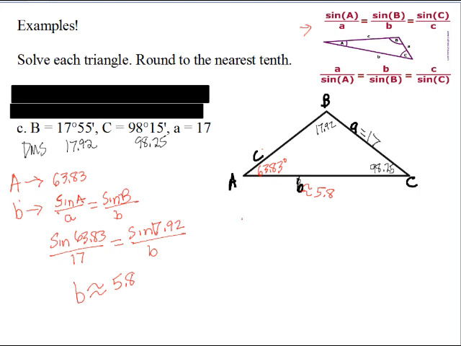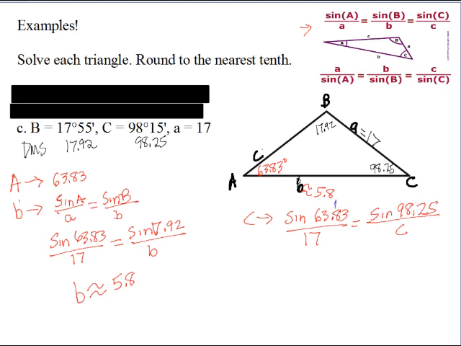And then the same with C. I'm going to go ahead and just plug in now because you are comfortable with this. So I have sine of 63.83 over 17 equals sine of 98.25 all over little c. Okay, let's go ahead and identify.